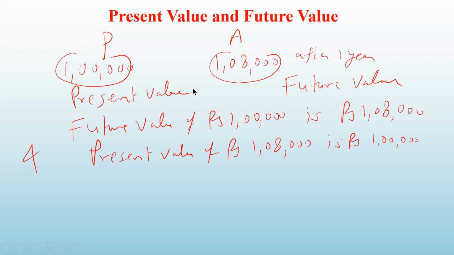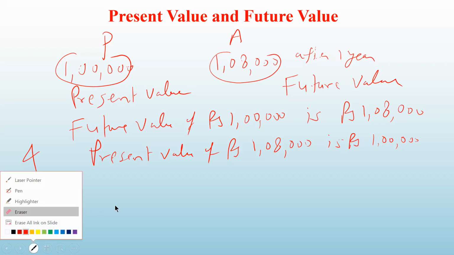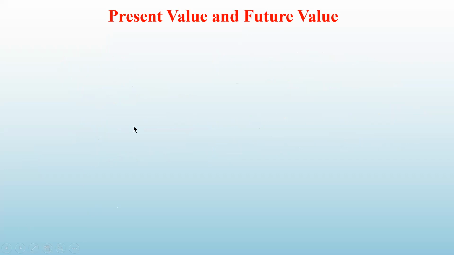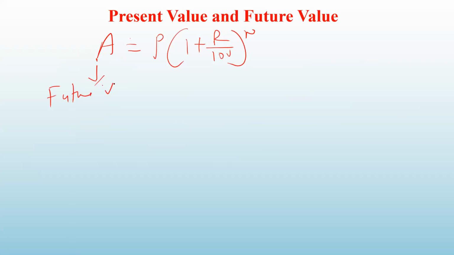So accordingly our formula will also change. How? Let us see. What will be the future value? The formula will be P into 1 plus R upon 100 raised to power n. The same. A is the future value and P is the present value. So if I am given the present value, I can find out the future value.